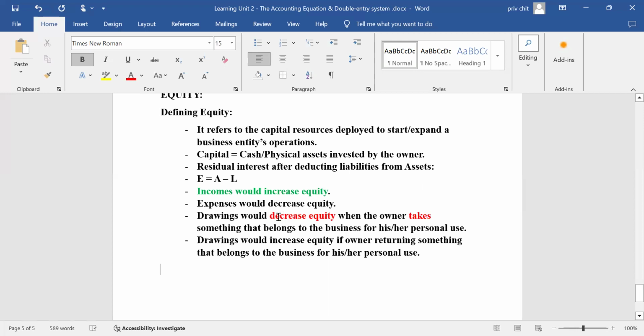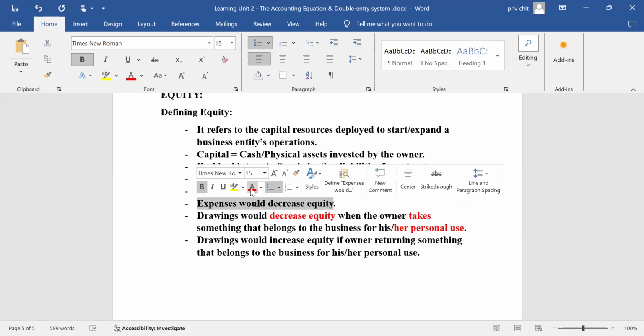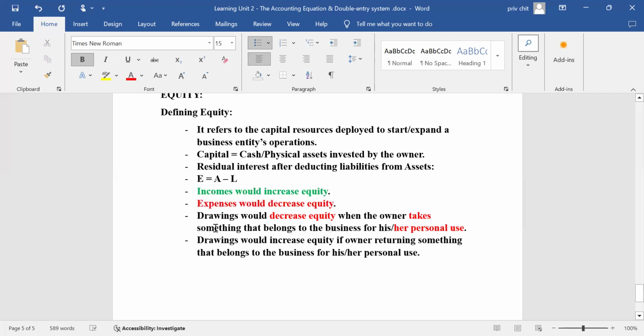So drawings would decrease equity when the owner takes something that belongs to the business for what? For personal use. Very important. Expenses effectively do the same. Expenses naturally would decrease the equity of the business. Are we together? Yes. But on the contrary, drawings would do what? Increase equity.